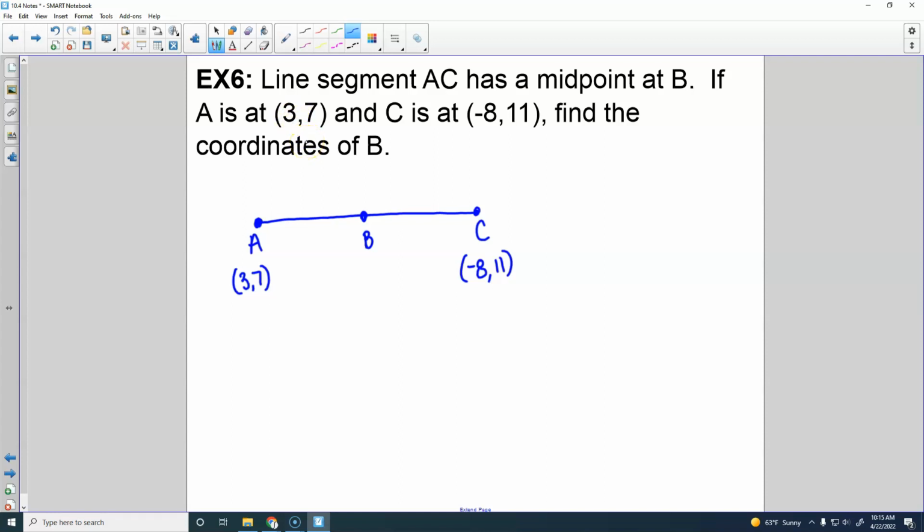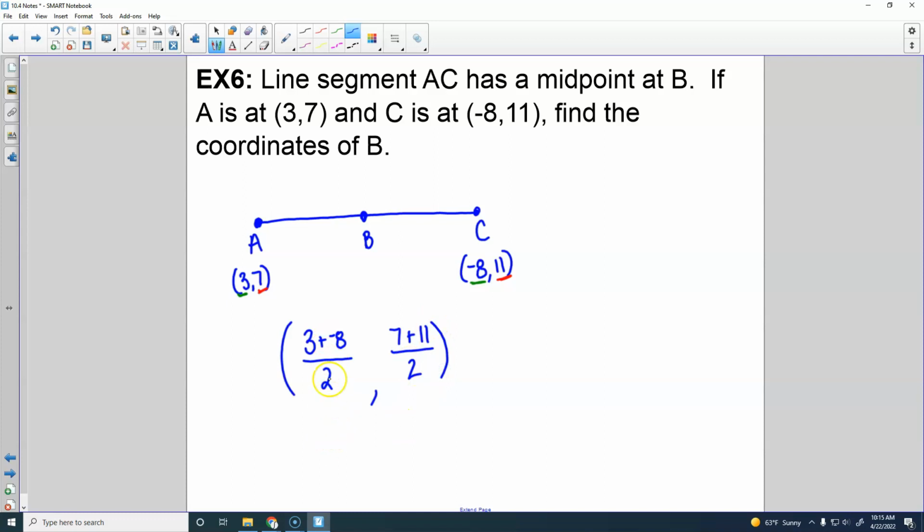Midpoint, we basically just average the x's and average the y's. To find an average, we add together and divide by how many there are. So if I'm averaging the x's right here, I'm just going to do 3 plus -8 divided by 2 because we've got 2 points. And then for the y's, 7 and 11, I'll do 7 plus 11 divided by 2.